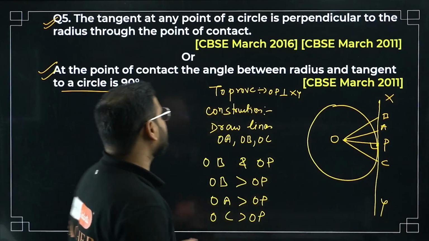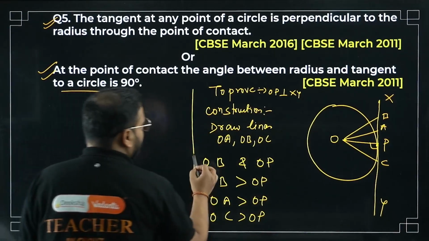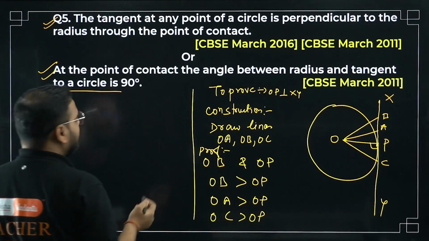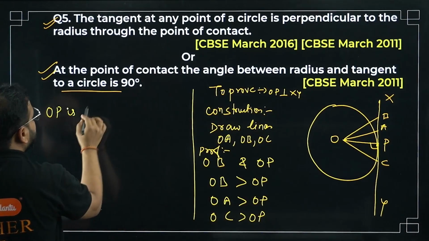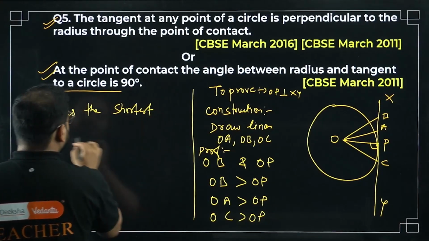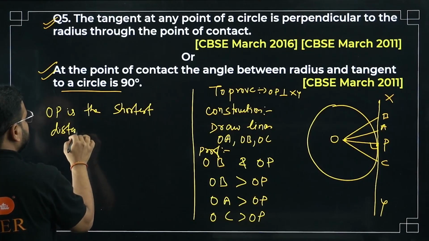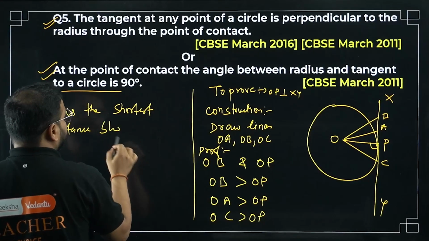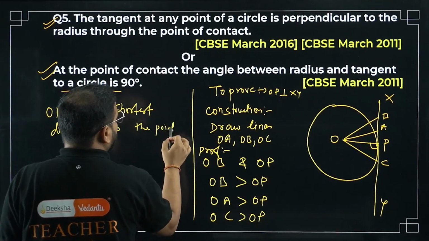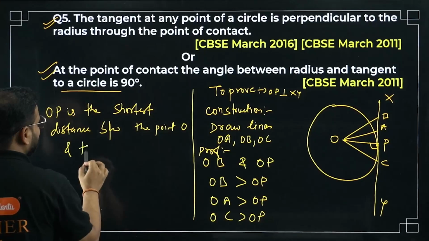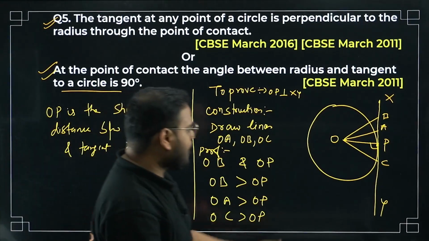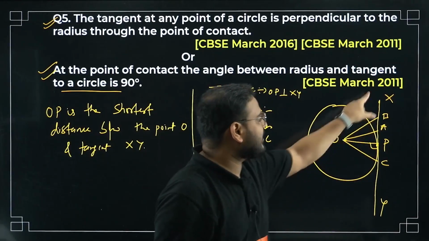What's the conclusion? This is the proof part. The conclusion is OP is the shortest distance between the point O and the tangent XY.